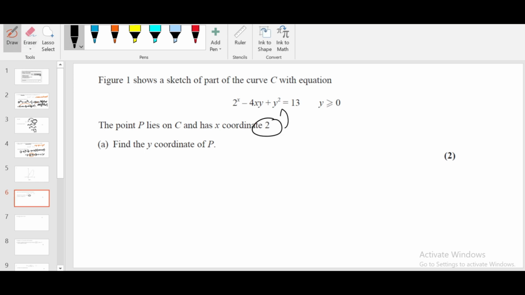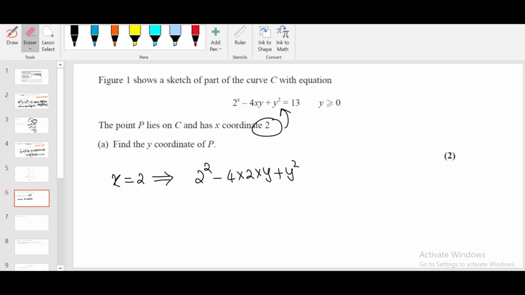Sub in this in the place of x here. So it's going to be x is equal to 2 implies 2 power 2 minus 4 times 2 times y plus y square is equal to 13, or put the 13 also here, minus 13 is 0. So you get a quadratic y square minus 8y, 4 minus 13 is minus 9 is 0.